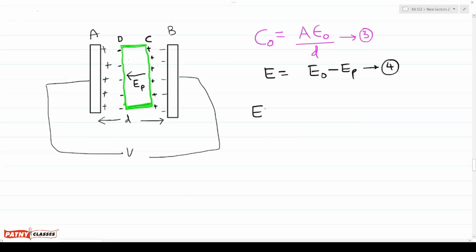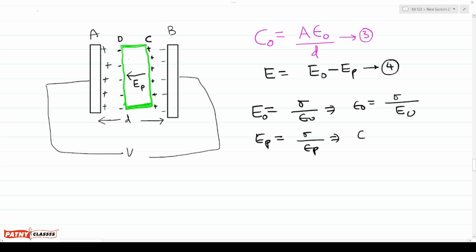Since the electric field is sigma upon epsilon naught for E naught, and with dielectric material EP equals sigma upon epsilon P, this implies epsilon naught equals sigma upon E naught, and also epsilon P equals sigma upon EP. Call these equation number 5 and equation number 6.